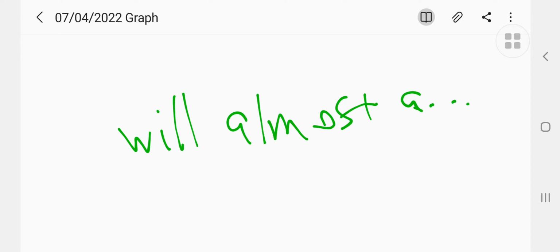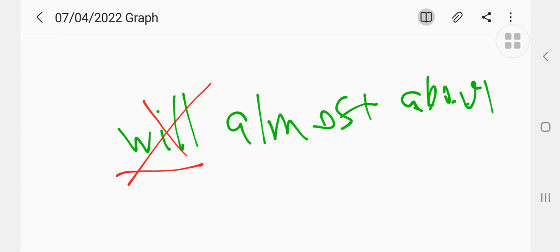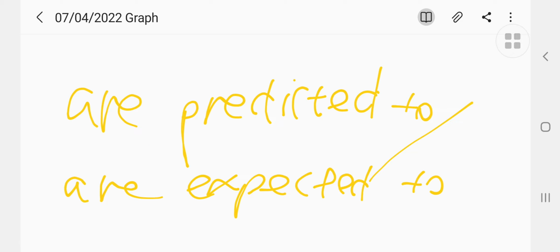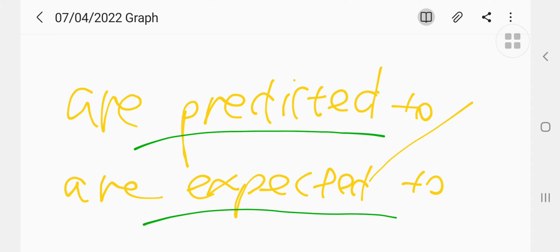Right, the last thing that we're going to do: "the figure will almost double until 2014 or 2013". First of all, "will" is certain, but if you want to describe something that couldn't be certain for the future, then instead of "will", we need to say "the figures are predicted to" or "expected to".